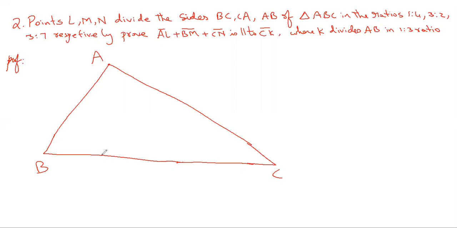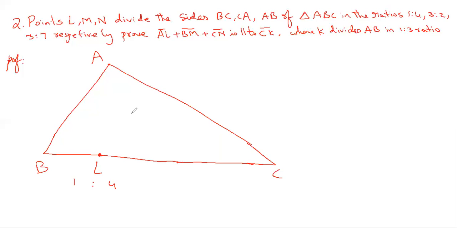Even though it is a rough diagram, for 1:4 don't keep it at the middle point. It should at least look like this is one part and this is 4 parts. The right side part is 4 times the one, roughly. So this is L, and this ratio is 1:4.